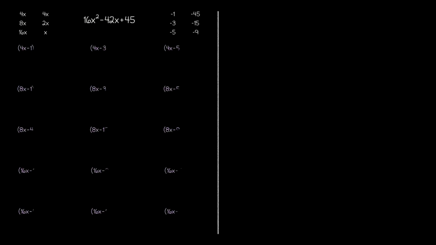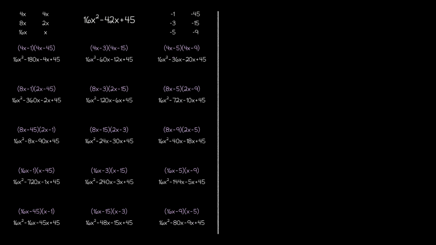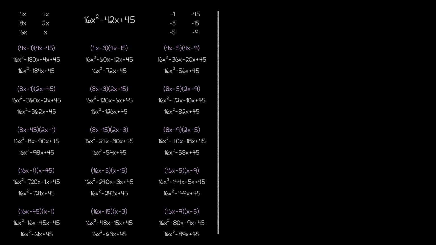Then, after meticulously testing 15 combinations of these puzzle pieces, we would realize that none of them work. It turns out that this expression is not factorable, but going through such a lengthy process to discover this would be pretty disheartening.